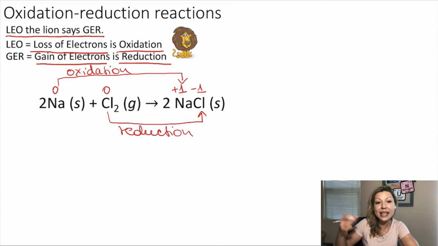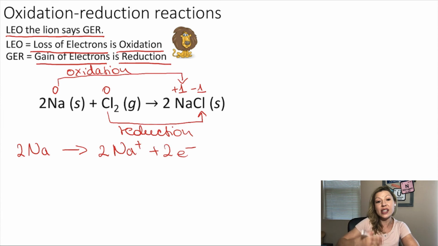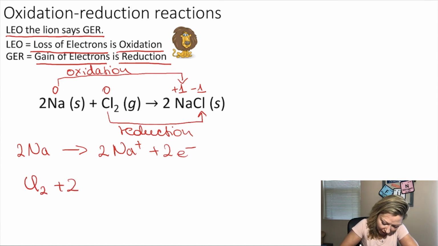You can write out these processes using the so-called half reactions. Let me show you. So the oxidation is going to be two sodium atoms producing two Na+ ions plus two electrons. So this is oxidation because we are losing electrons. And then the reduction side is Cl2 plus two electrons.